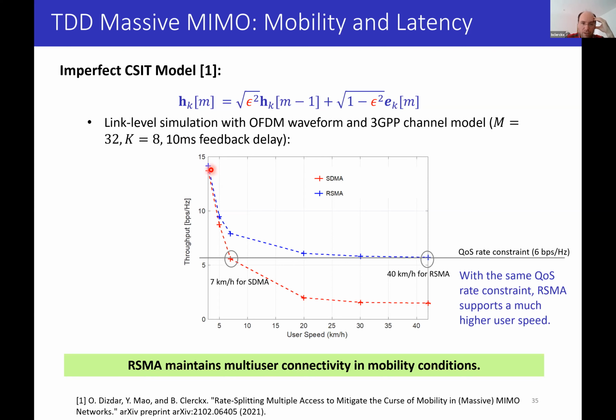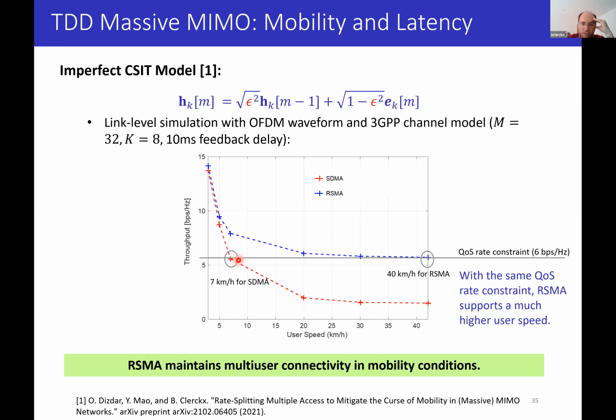But the bottom line is the following. You see that with SDMA or multi-user linear precoding, your performance drops very significantly as you increase the user speed. Here we have 32 antennas, a really 5G setup, with 8 users that you want to serve, and the performance drops because as the mobility increases, your CSIT quality becomes worse, and so you cannot manage the interference between the users. With rate splitting, it's more robust.